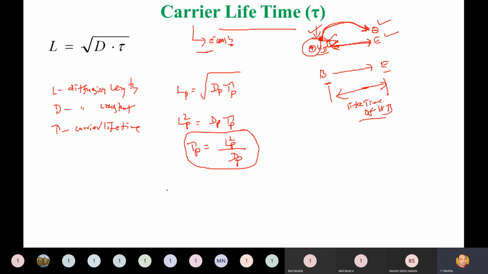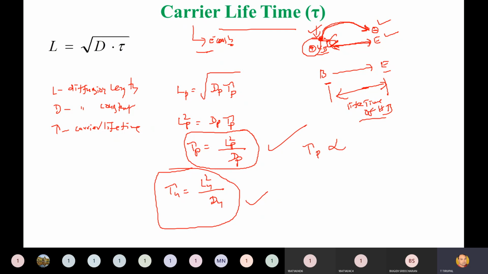Similarly, what is the carrier lifetime of electrons? Tau n is equal to Ln square divided by Dn. This is the carrier lifetime of holes and this is the carrier lifetime of electrons. So remember, the carrier lifetime of any charge carrier, it may be an electron or a hole, depends on the diffusion length of that carrier.